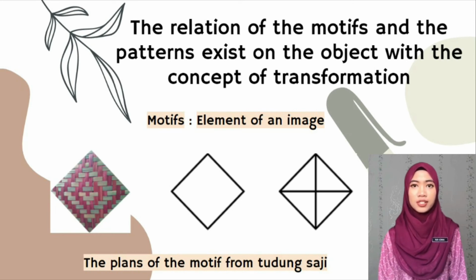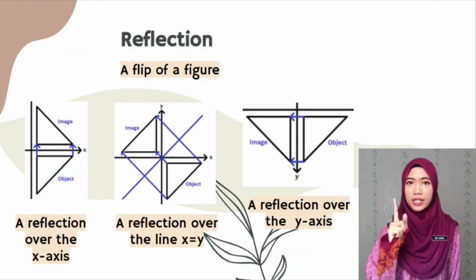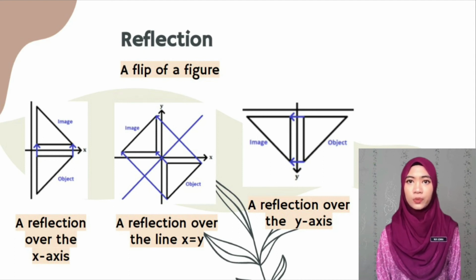So, from the Tudung Saji here, our motif is a rhombus. Rhombus is the shape from the triangles that have been combined to each other. The triangle should go through the transformation process to make the complete rhombus. So first, for the motif, we need to go through the reflection process to make the rhombus from the triangle.